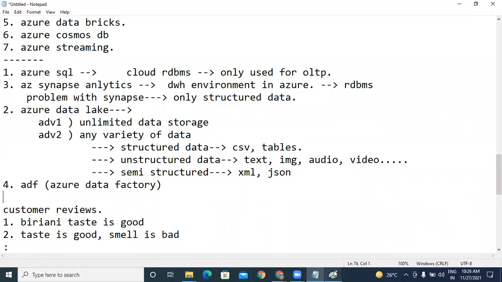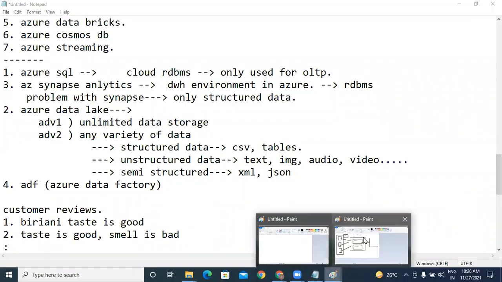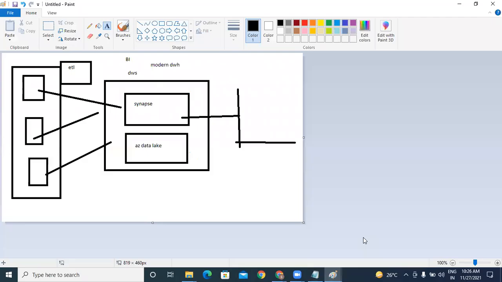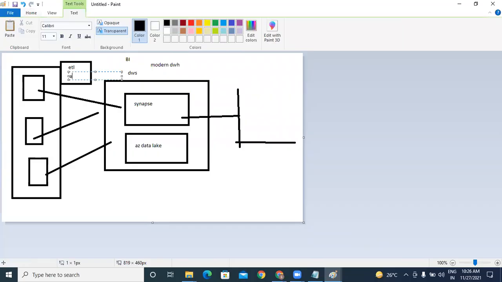Now come back to your picture again. Just imagine your work area. What do you have to do? I'm keeping your work area in the position of ETL, ADF. Now what is your work? My old OLTP data is in Oracle for some applications, DB2 for some applications, but some applications have already migrated into the cloud.